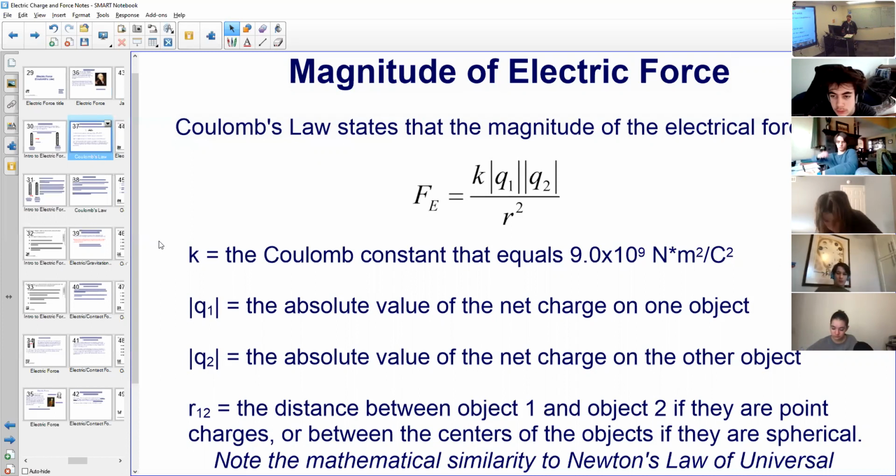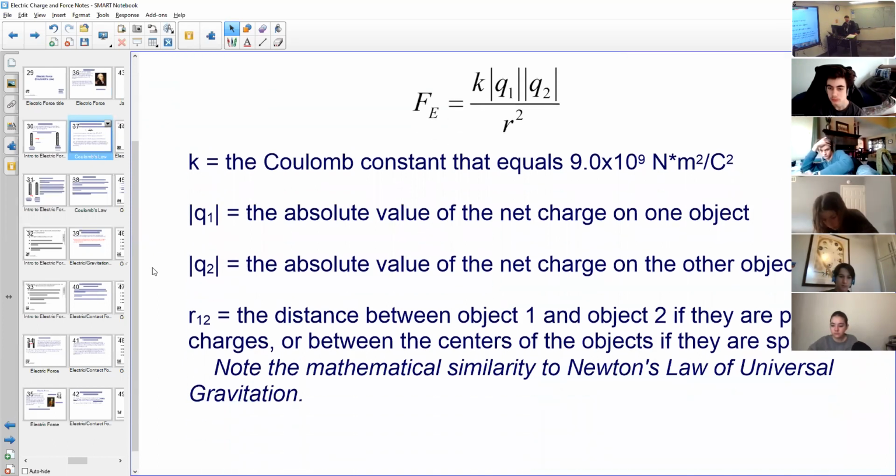They don't always emphasize that it's from the center of one to the center of the other, but you can assume that because they're such tiny particles. All right, and you can see down here at the bottom, it says, note the mathematical similarity to Newton's law of universal gravitation. They have the same pattern.